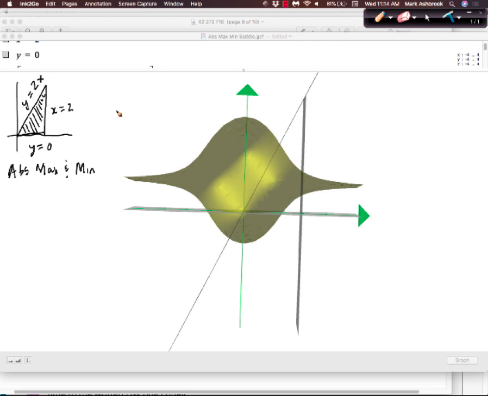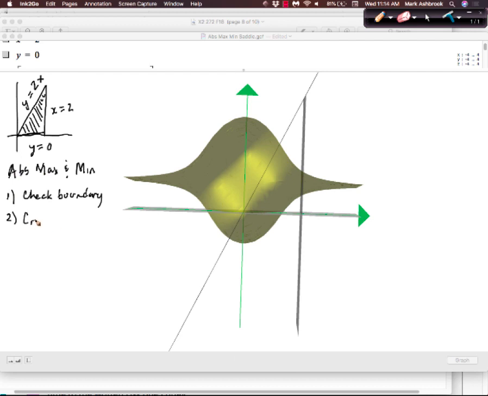Basically, if you remember from those, we have to check the boundary. It's the same way we did in Calc 1. We're going to check the boundary, and we're going to check the critical points.